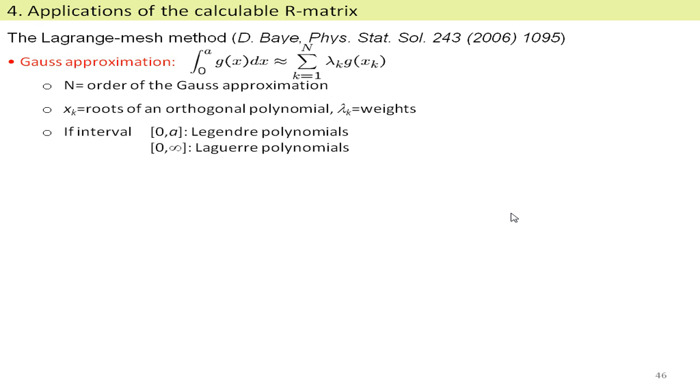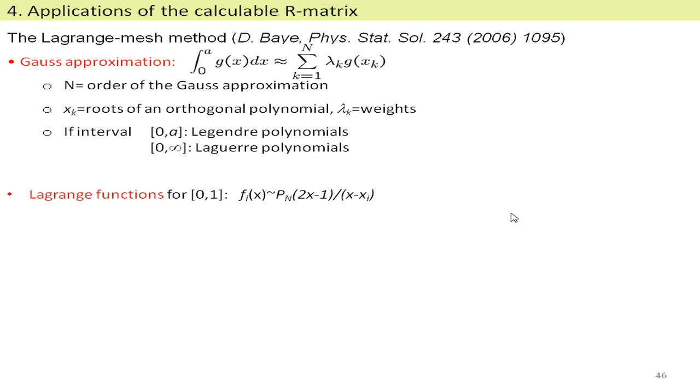If you have a finite interval, you will use Legendre polynomials, and in an infinite interval, you will use Laguerre polynomials. From that, you can define Lagrange functions, and here I take an interval 0 to 1 because it's just a scaling factor if you want to go to 0 to a.